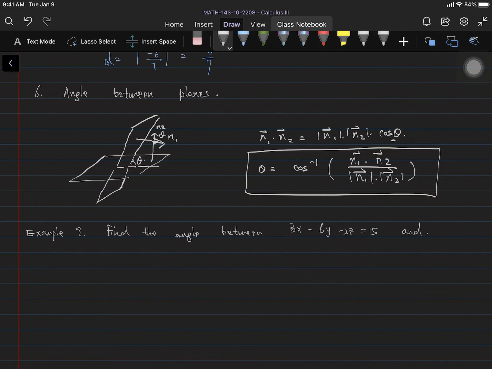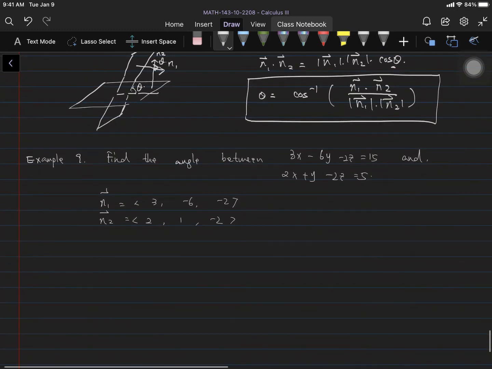Actually, we just need the capital A, B, C, n1, n2. So no matter what capital D is, 2z equals 5. Firstly, we find n1, the normal vector for the first plane: 3, -6, and -2. And n2, the vector capital A, B, C, so just 2, 1, -2.